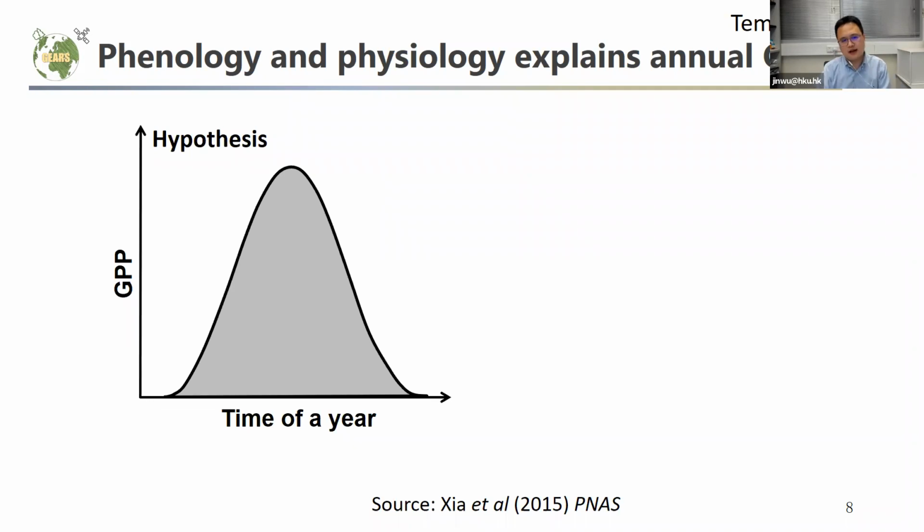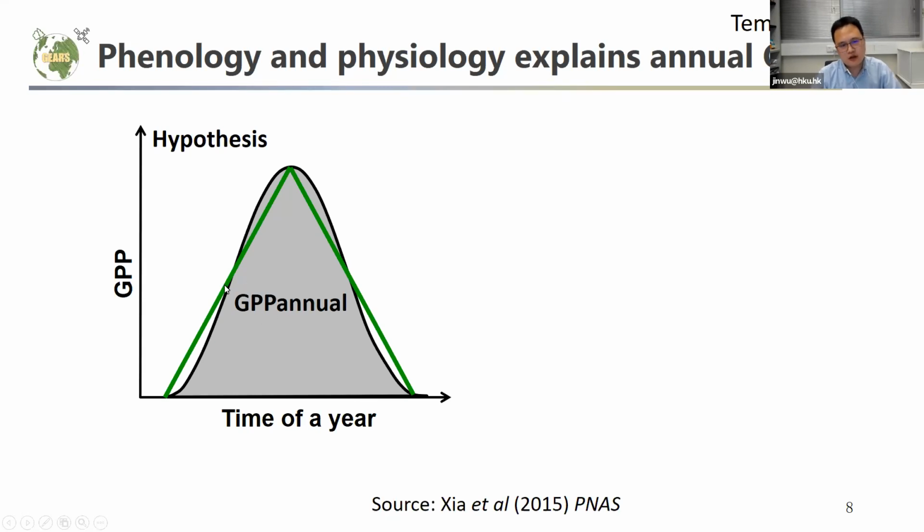The diagram here shows the seasonal cycle of the GPP, and then we can sum up all the gray areas as an indicator of the annual GPP. The basic hypothesis is whether we can use the green triangle shown here to approximate the annual GPP, like whether the green triangle's area can approximate the gray areas shown in the figures.